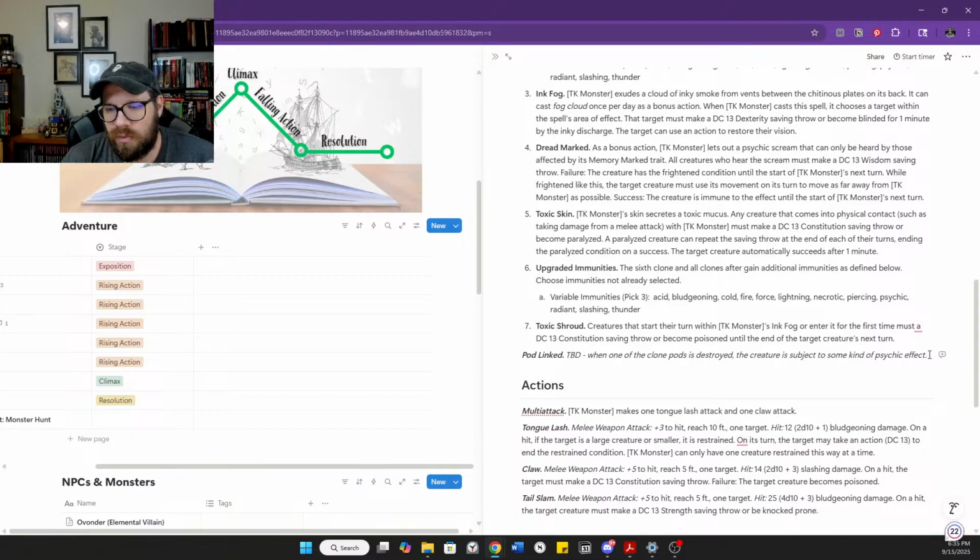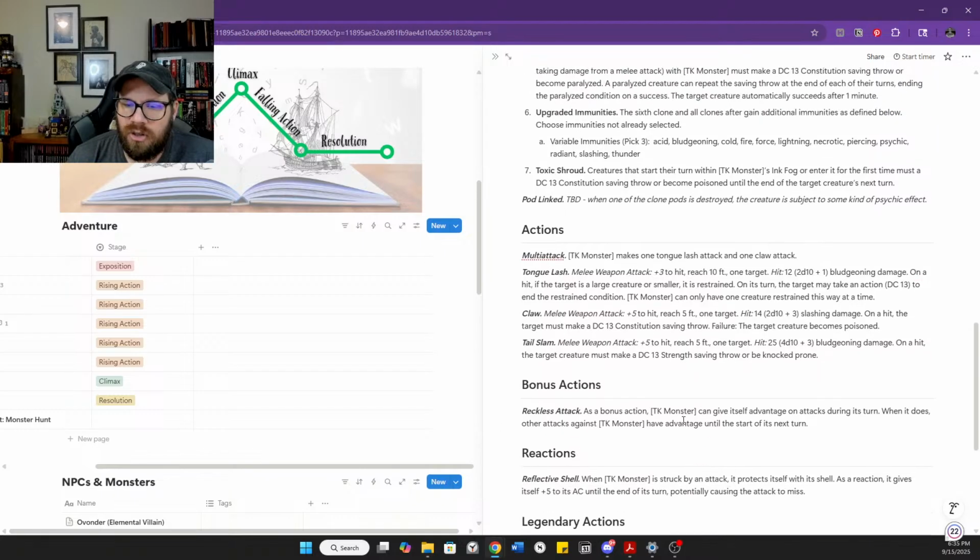But the disadvantage here, one, makes it harder for it to be effective, but also encourages it to use its reckless attack on its turn, meaning that it's theoretically going to go into kind of a rage potentially, and give itself advantage to counteract the disadvantage, but also making it easier for other creatures to hit it.